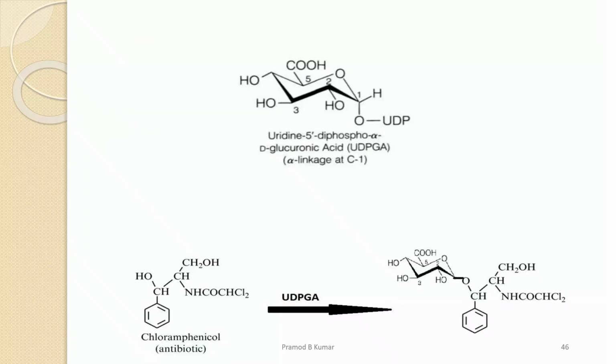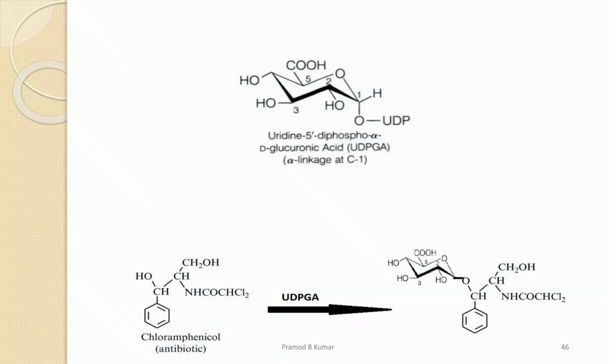So this is the basic structure. It is a glucose moiety attached to uridine 5-diphosphate, and at the sixth position the CH2OH of the glucose gets converted into an acid, known as glucuronic acid. An example is chloramphenicol.